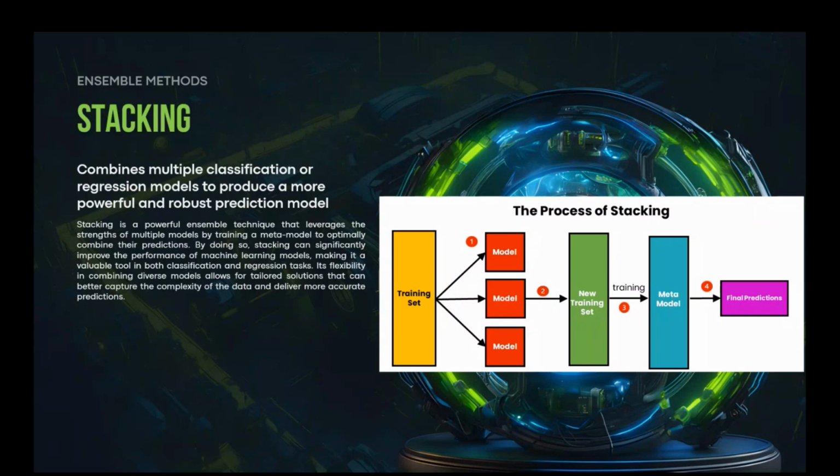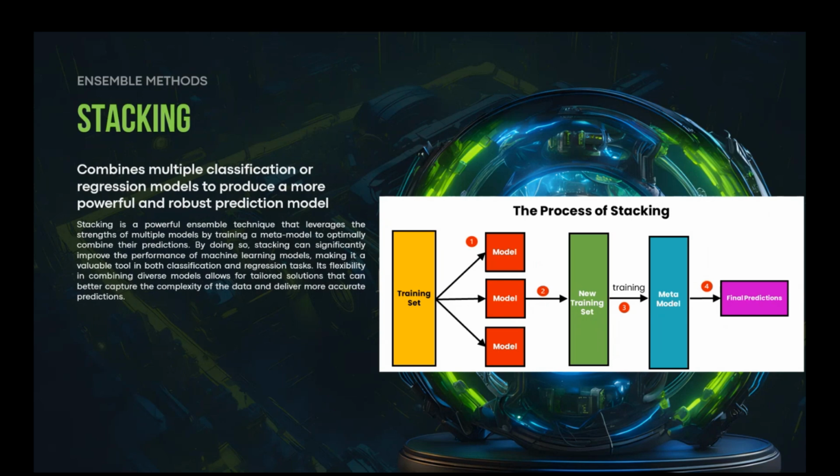Now, the main difference between this one and the other two methods that we did earlier, bagging and boosting, is that there we talk about what you call a meta model. A meta model is typically a weak learner, but in this case, each of these models could be a strong model.